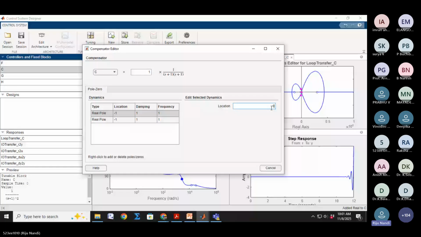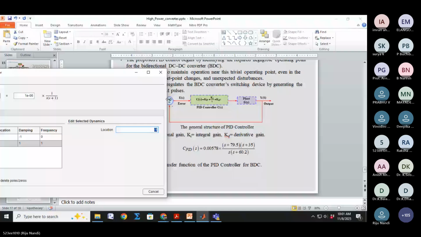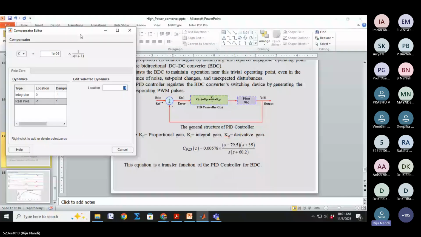Next is the second pole. What is this second pole? I forgot that. The next pole is minus 60.2.